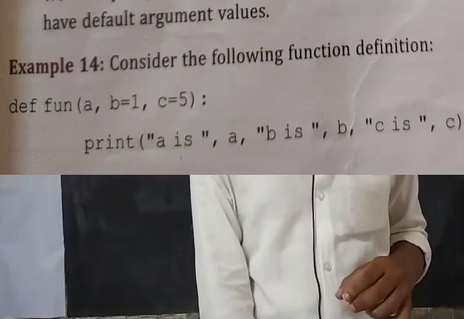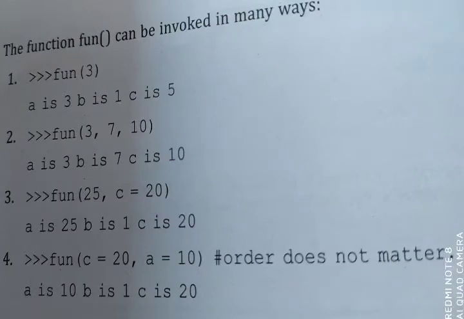Okay, please look into this example. Function of 3. What is its output? A is 3. In this example, the value of a is not given, but when we call function of 3, it will consider that 3 as the value of a.